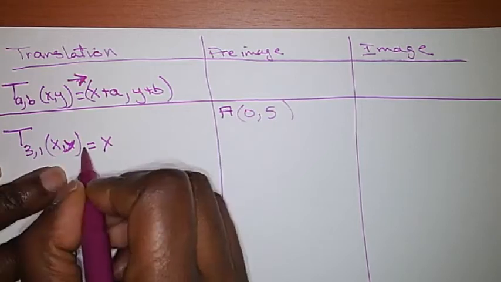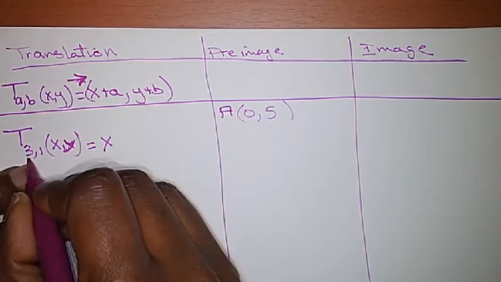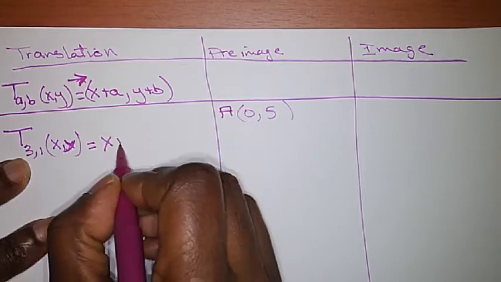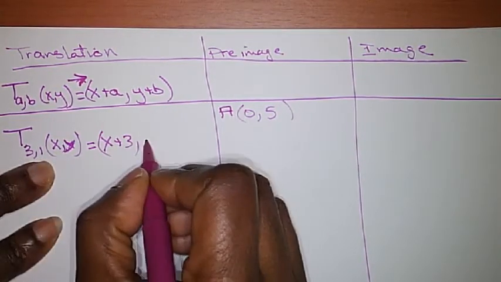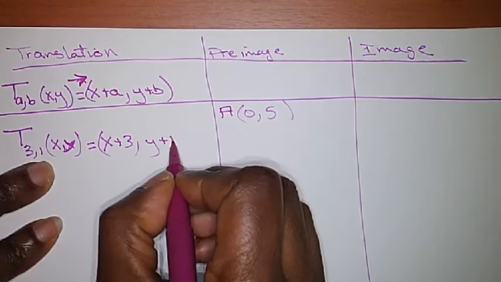So this is telling me here that my X coordinate, I need to add 3. And on my Y coordinate, I need to add 1.